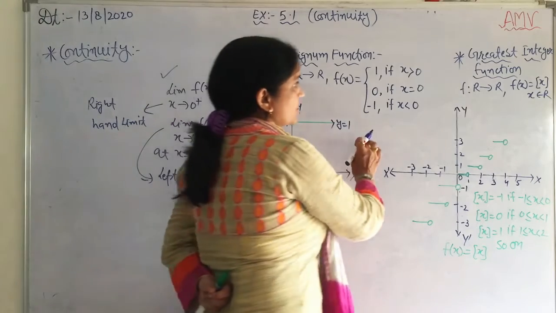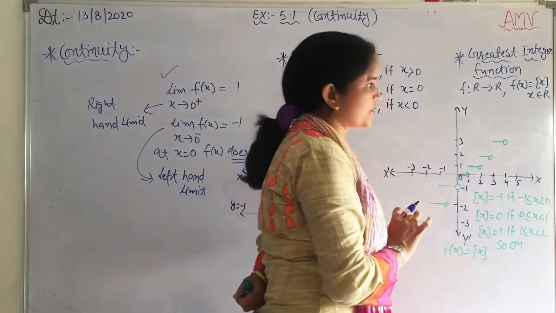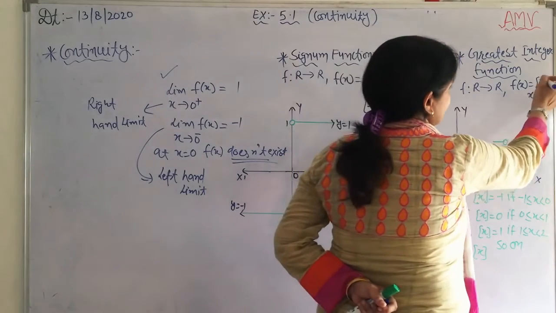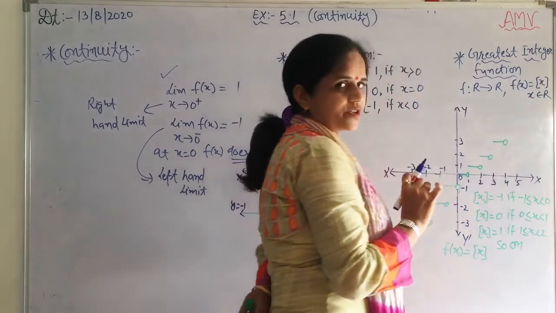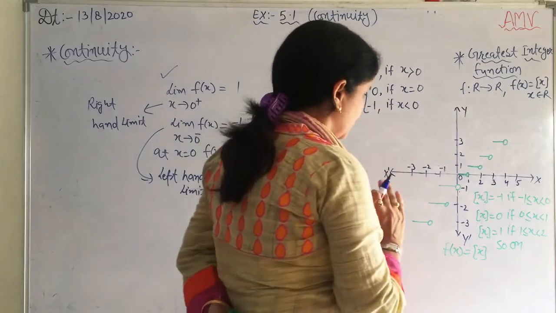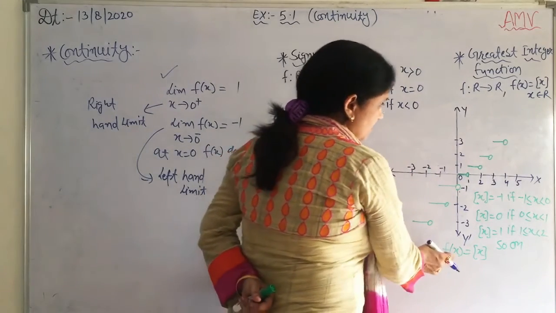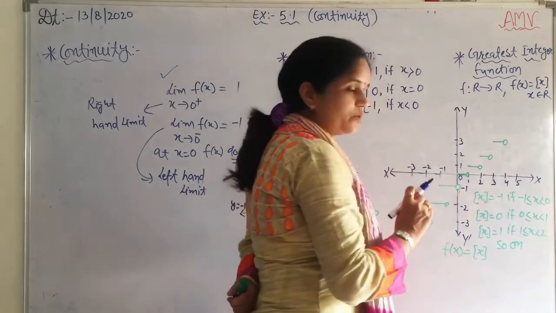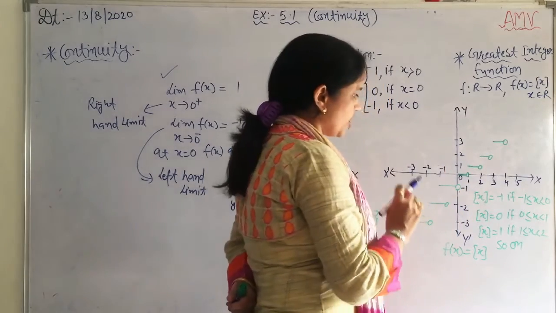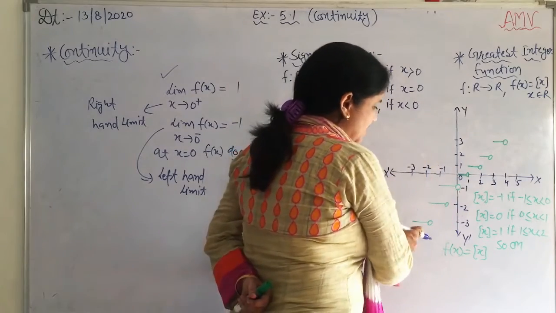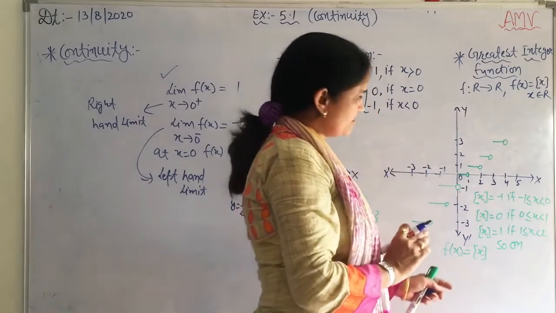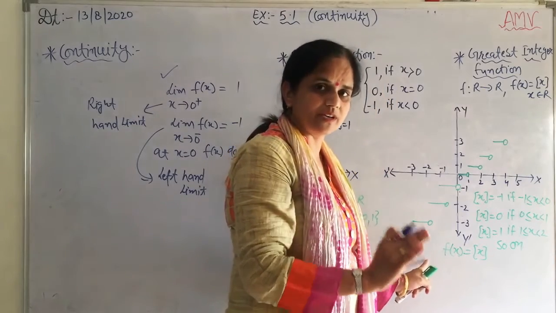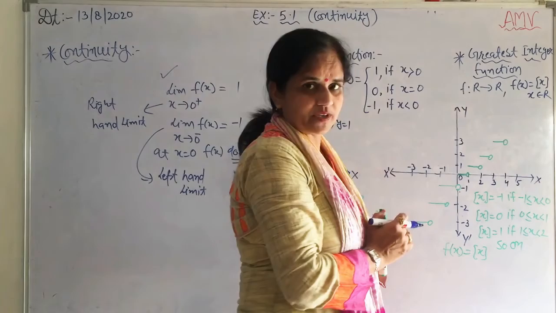Same for the greatest integer function f from R to R, f(x) equal to the greatest integer of x, for x belonging to R. Now see this graph. At every point you have to lift your pen or pencil to draw it, so this graph is not continuous, it is discontinuous.